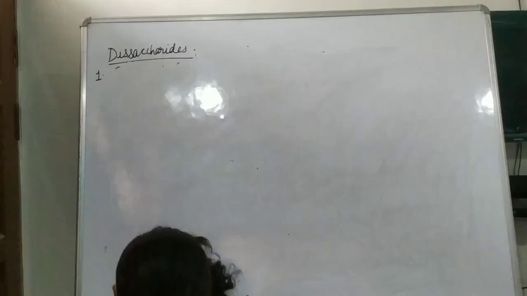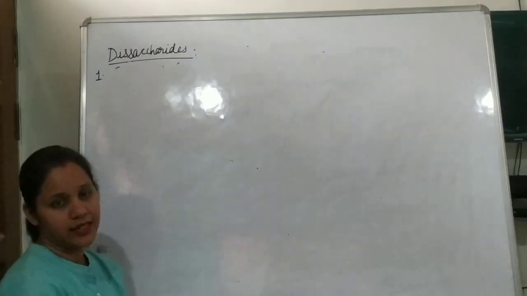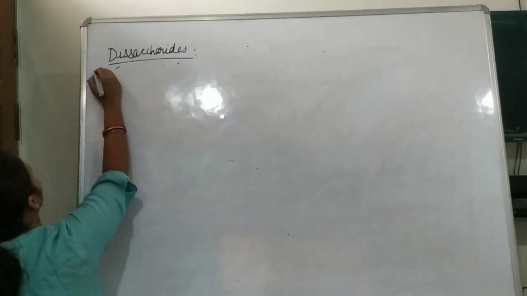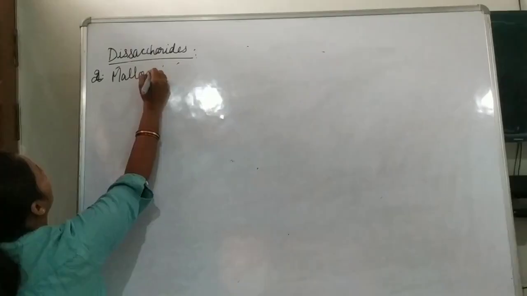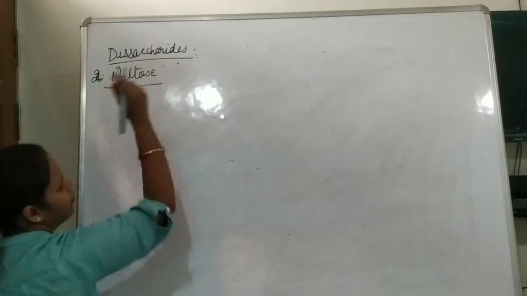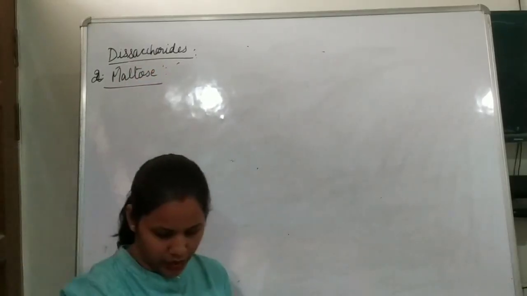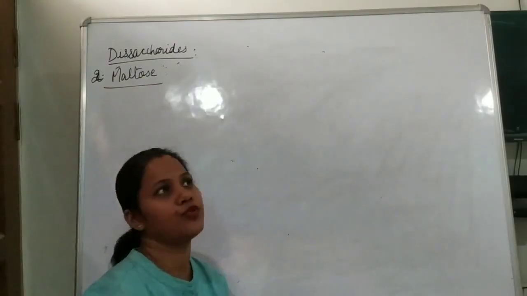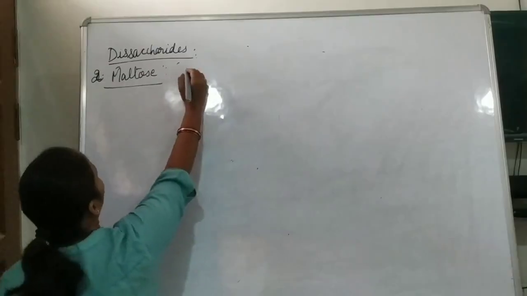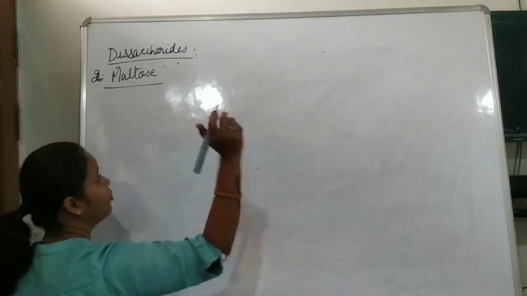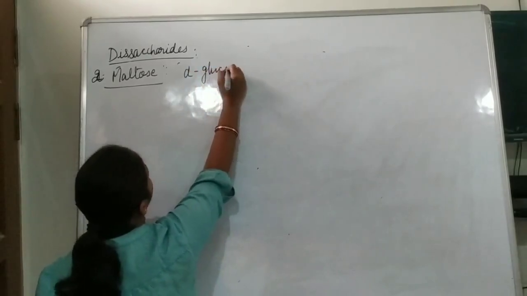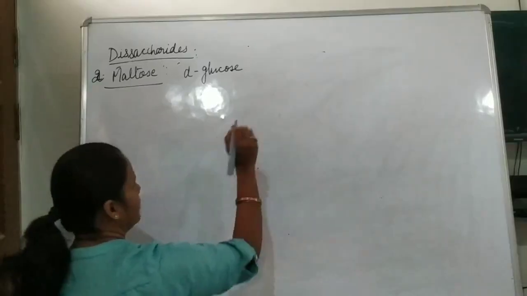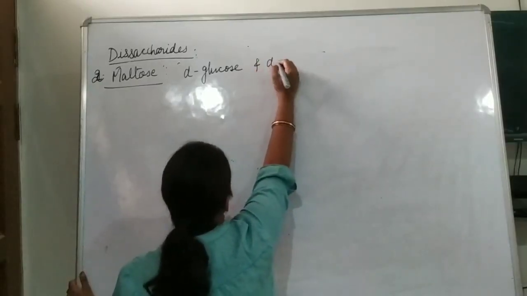Another disaccharide, which is maltose. Maltose is composed of two monosaccharides, alpha glucose and alpha glucose.